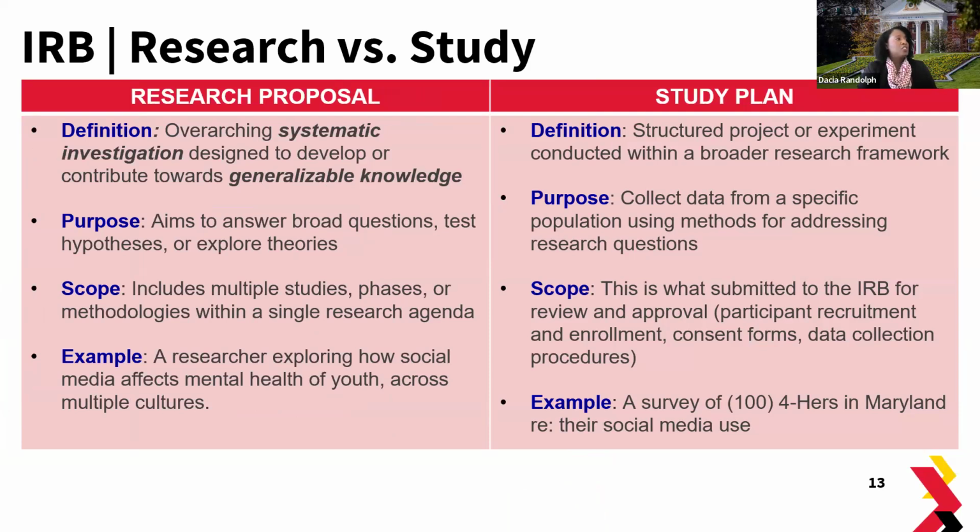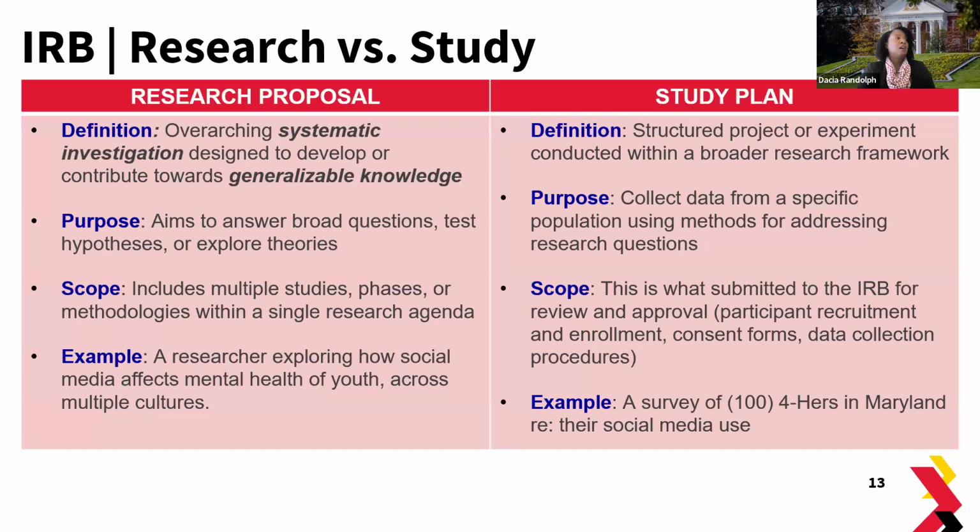First, research is an overarching systematic investigation designed to contribute information towards generalizable knowledge. However, a study is what you actually submit to the IRB for review. It is a structured project or experiment conducted within a broader research framework. This is the specific study you're looking to collect data for, and you provide that to the IRB for their review and approval.